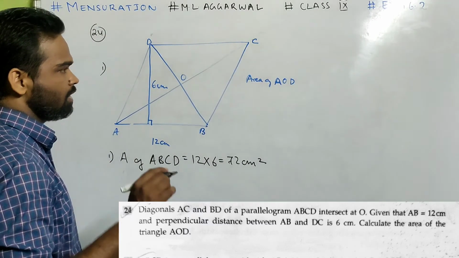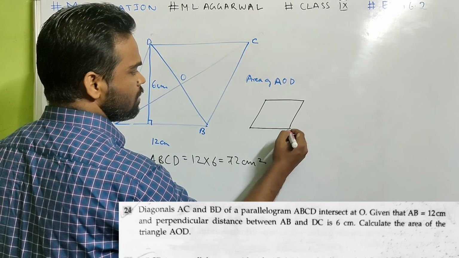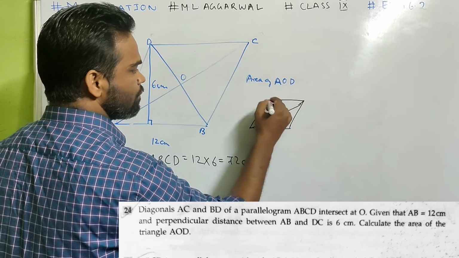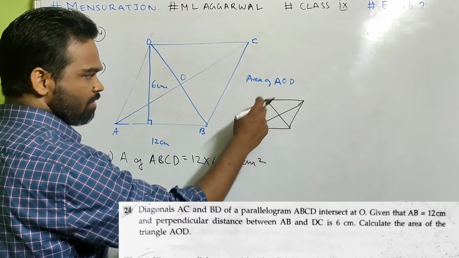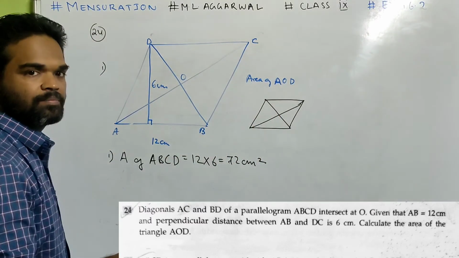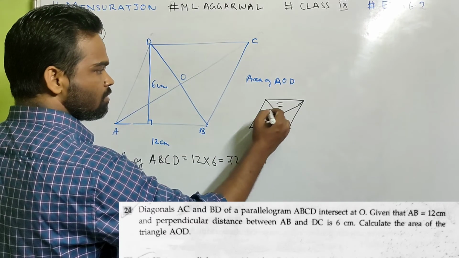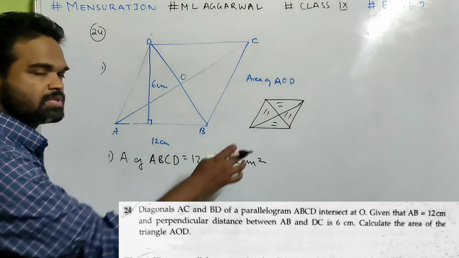You know that in a parallelogram, both the diagonals divide the parallelogram into 4 triangles having equal area. Area of all these 4 triangles will be equal. Theorems on area, there was a sum like this.